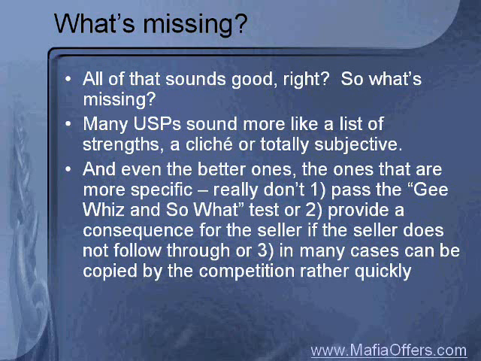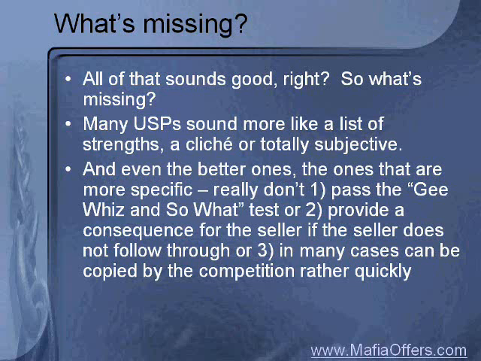And both of those sound pretty good, the USPs and the value proposition. So what's missing? Many USPs sound more like a list of strengths, a cliche, or they're totally subjective. And even the better ones, the ones that are more specific, really don't, one, pass the gee whiz and so what test. And you probably know what I mean by that.